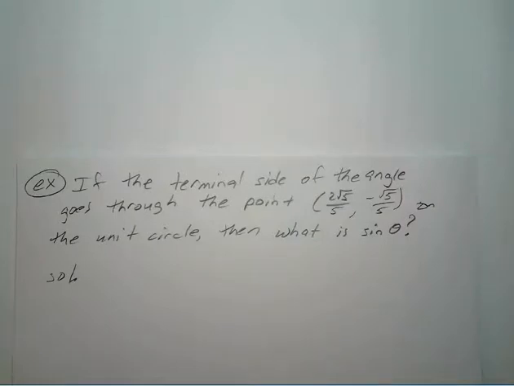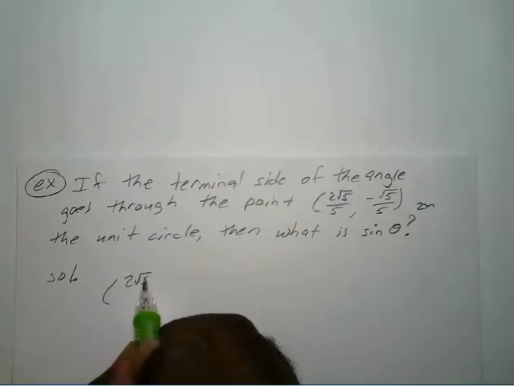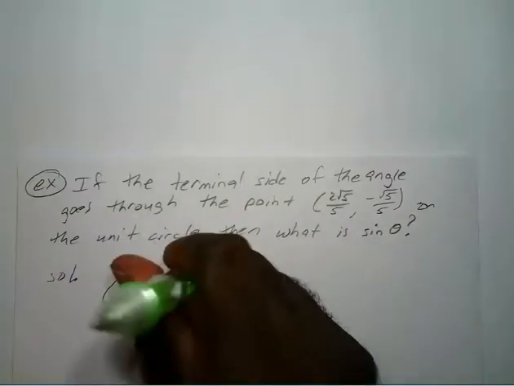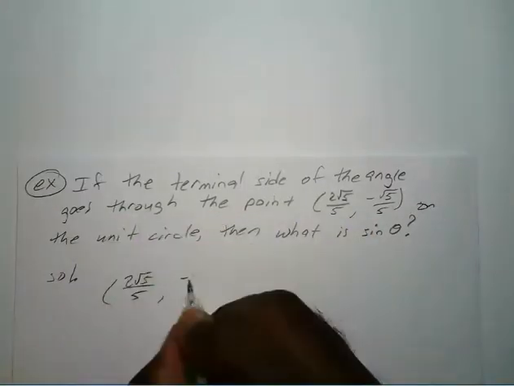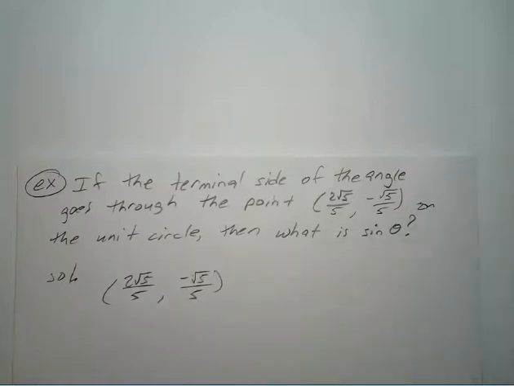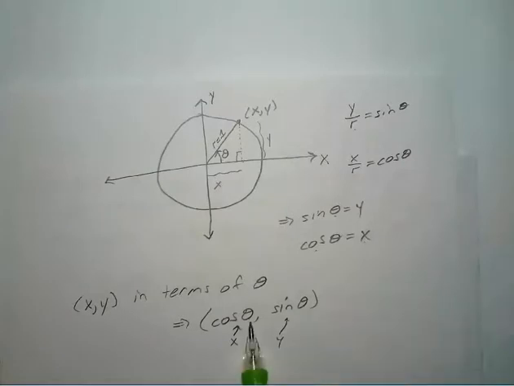Now, what makes it easy? You have 2 square root of 5 over 5, negative square root of 5 over 5. Okay, so I'm going to cover this up for a quick second, but looking at our previous page, remember, this is your x, this is your y.